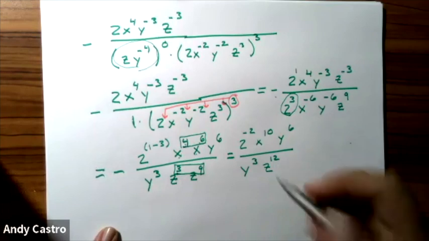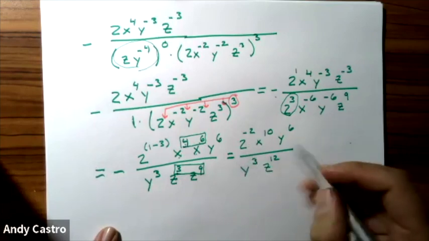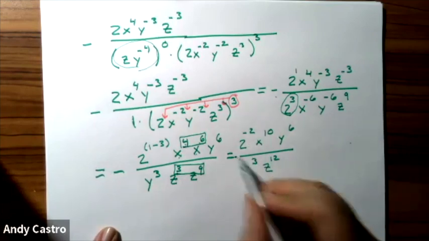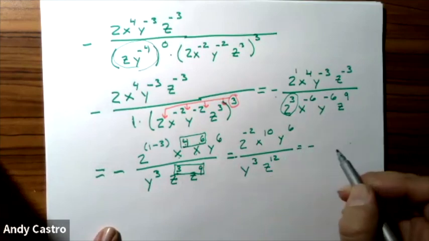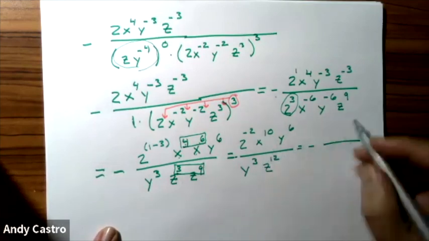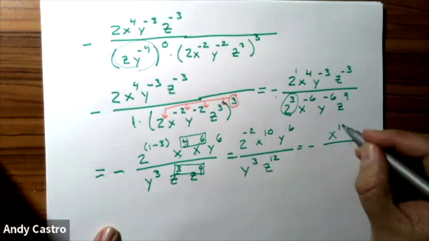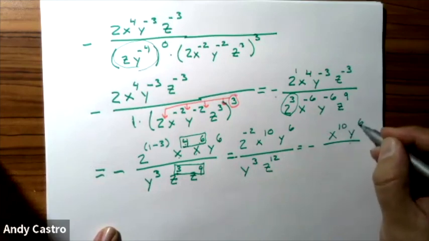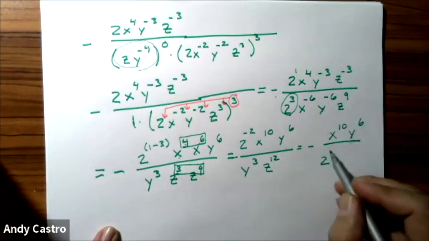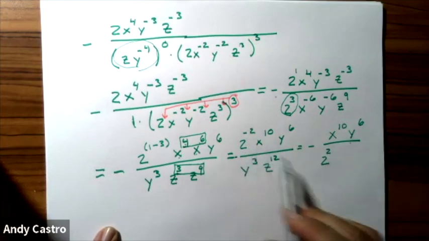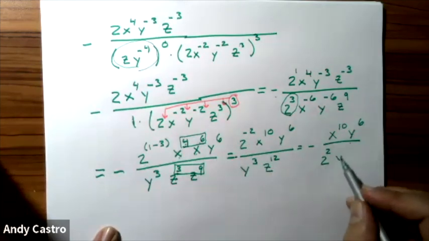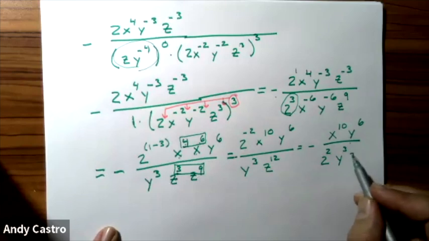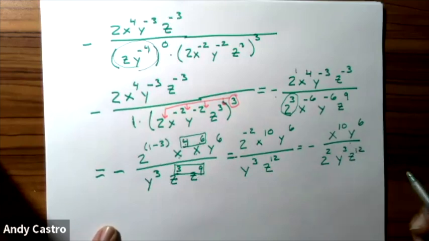Okay. We're going to move this 2 down to the bottom. Oops, forgot my negative out front. Negative out front, the top, I'm just left with x to the 10th, y to the 6th, 2 to the positive 2 now in the denominator, and y to the 3rd, z to the 12th.